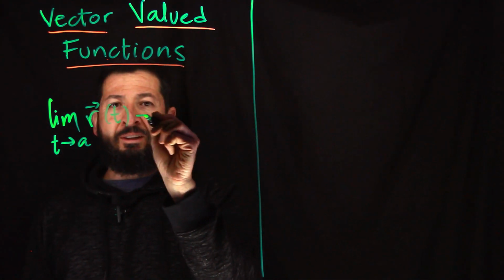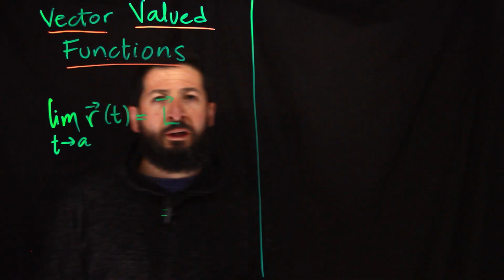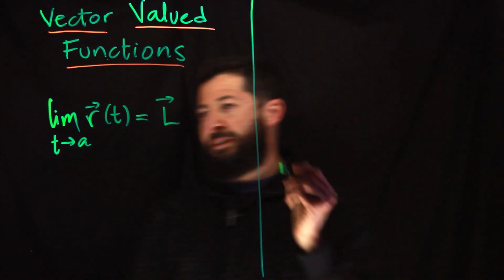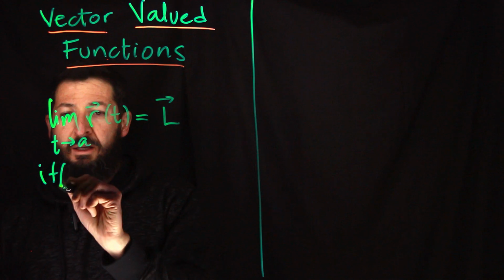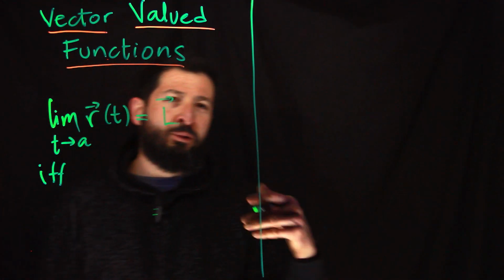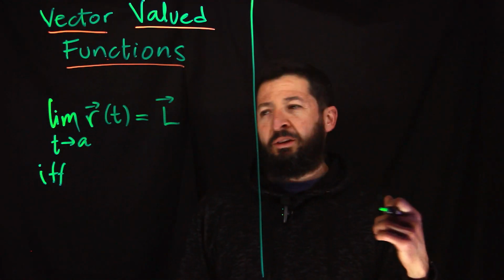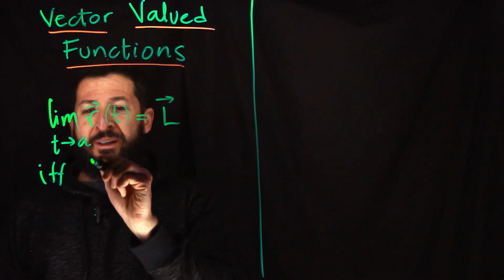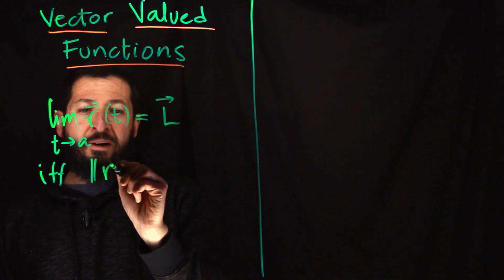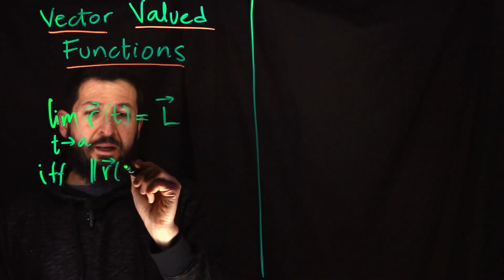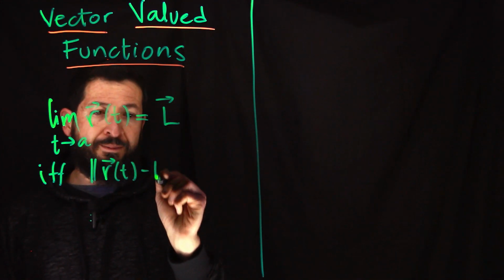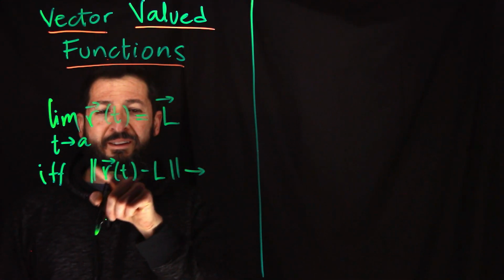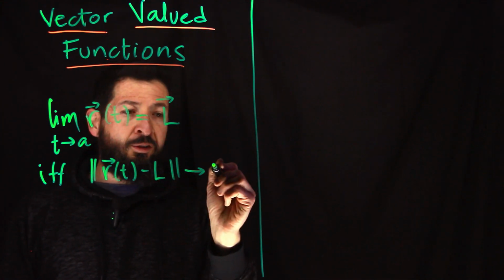Let's call it L for limit, and we'll say that it is a vector if and only if, well, I would have to do an epsilon delta definition, but I'm going to simplify and just say that using the norm topology, the magnitude of r of t minus L goes to 0 as t goes to a.